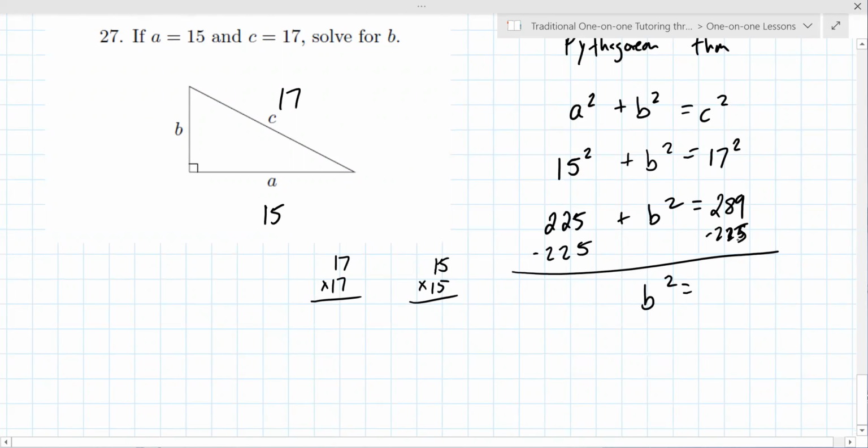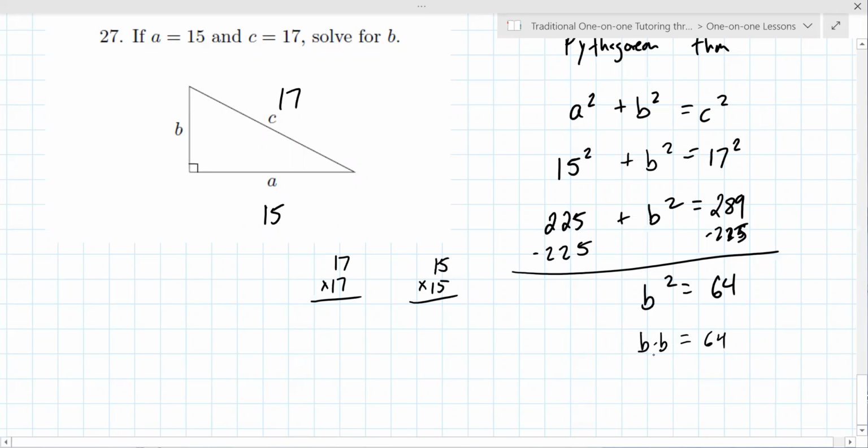And again, I'm okay if you want to use a calculator, that's not the point here. b squared. What is 289 minus 225? 64. So now what number times itself gives you 64?